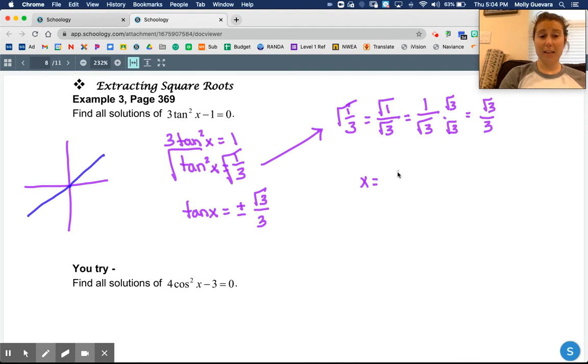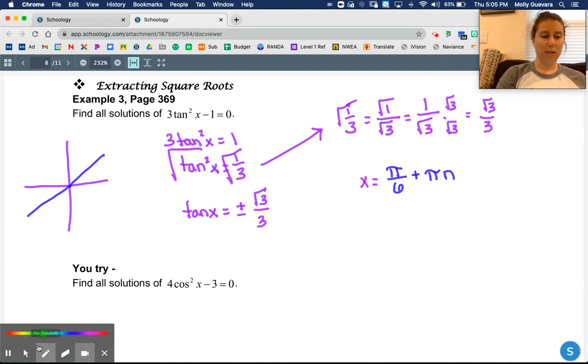And that is pi over 6. Now, if I add pi, right, what's the period of tangent? It's just pi, right? If I add pi to pi over 6, I get this. And then if I add pi again, I get this. And then I add pi again, I get here. So I can just say plus pi n.